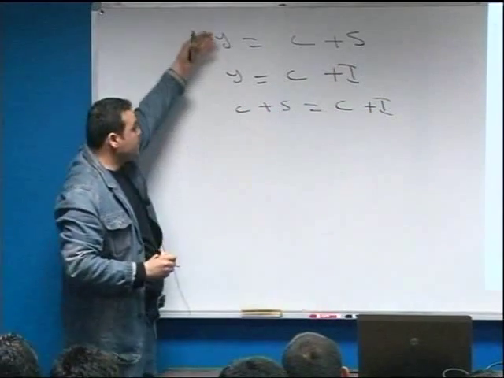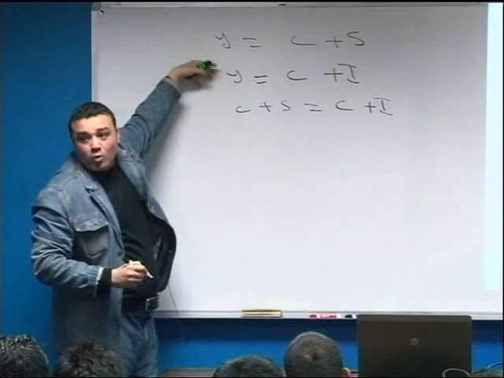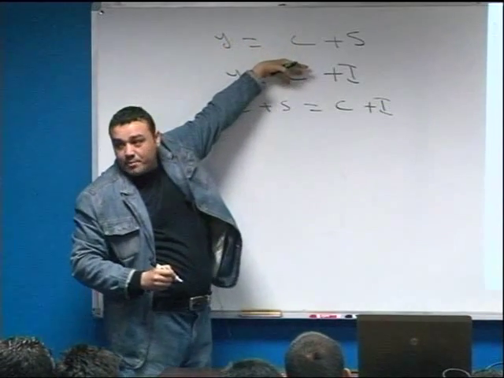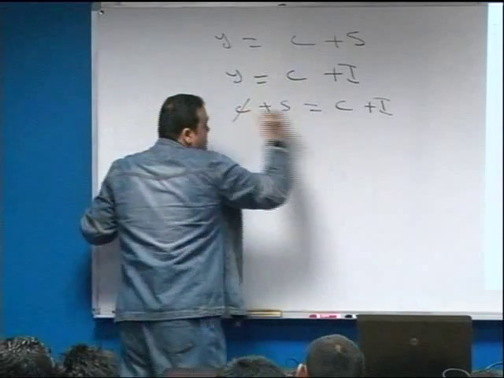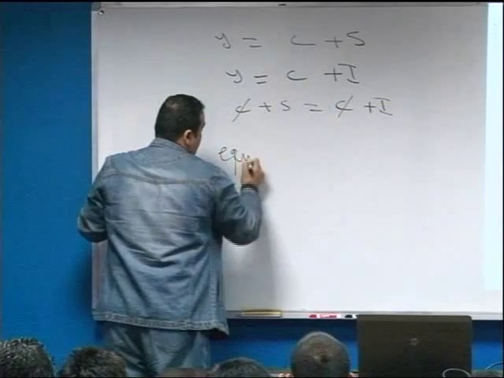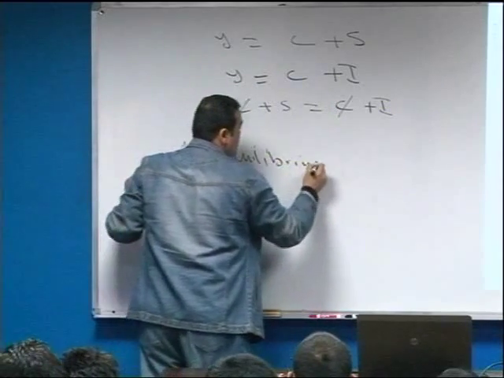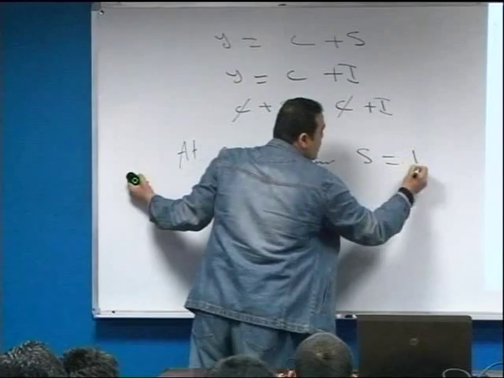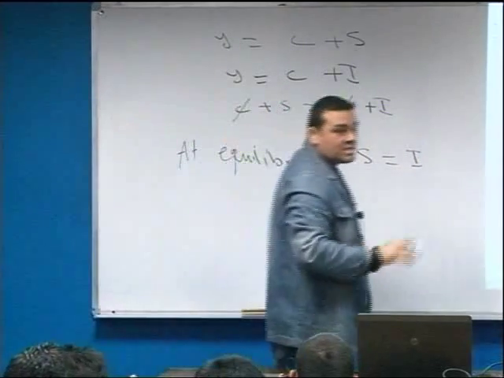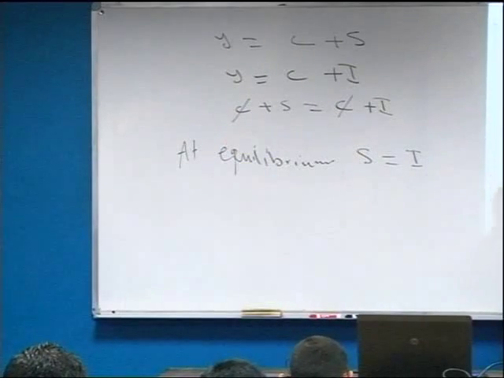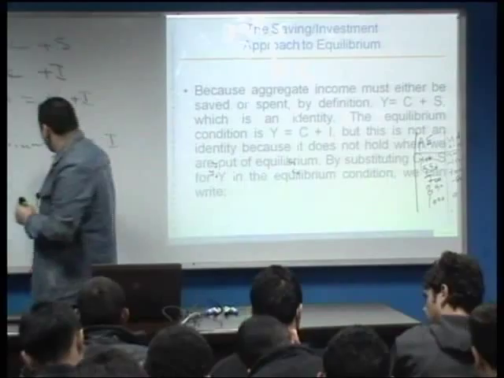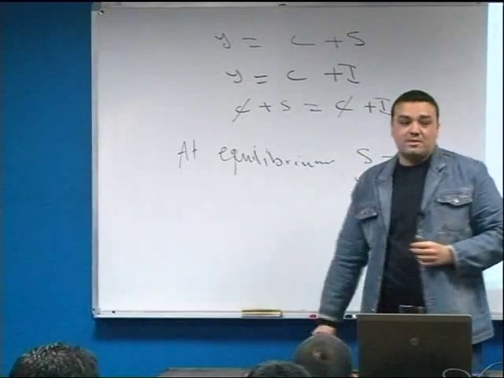So deduct C, and at equilibrium S must equal I. Saving must equal the planned investment at equilibrium.